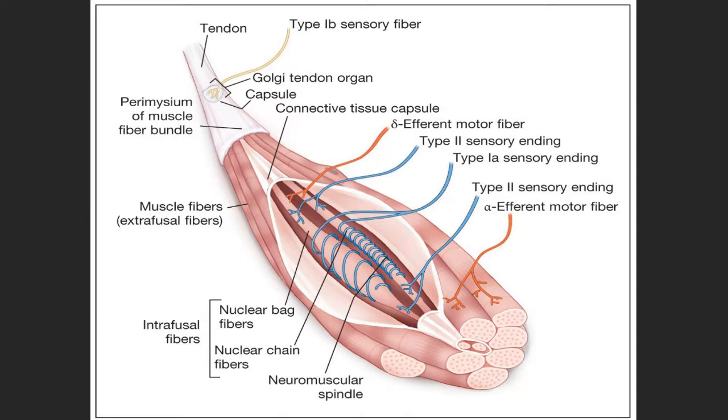Okay, so we've got the tendon that then becomes the muscle, and at the junction between the tendon and the muscle, we've got the Golgi tendon organ, which is a way of sensing what's going on regarding the force generation of the muscle. Okay, so this is where it gets a little bit complicated.